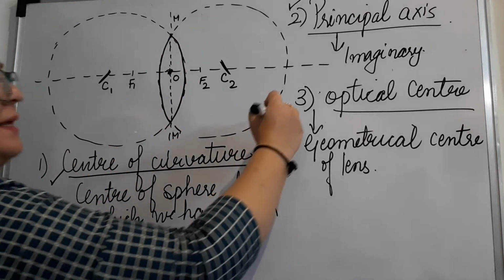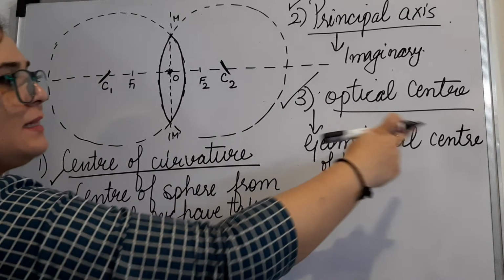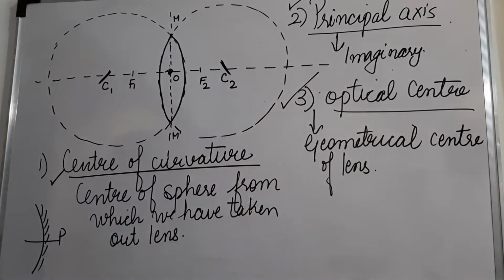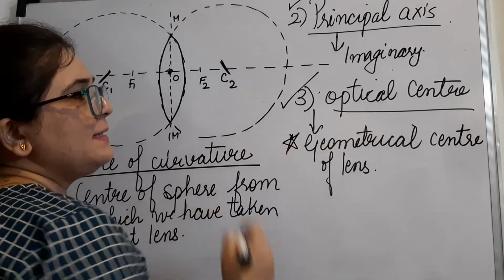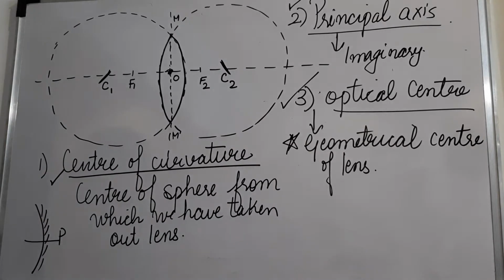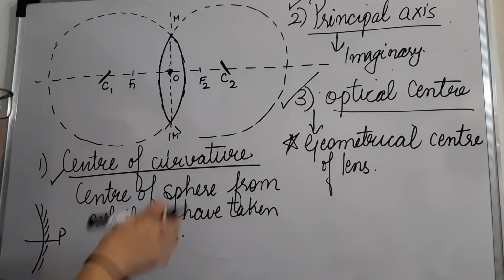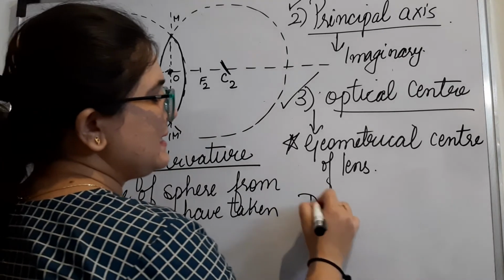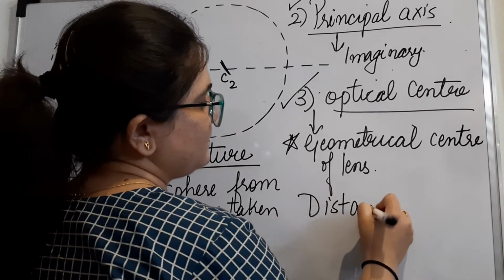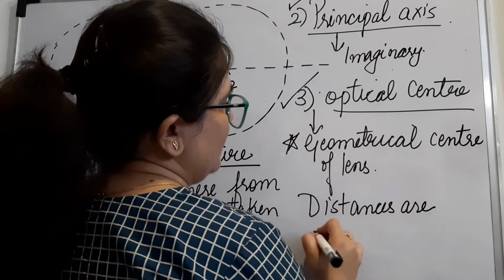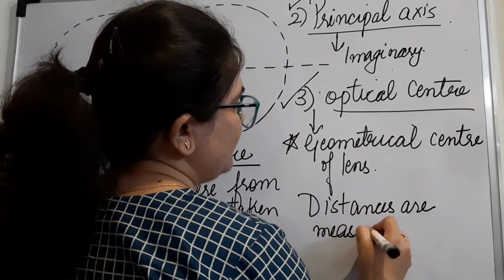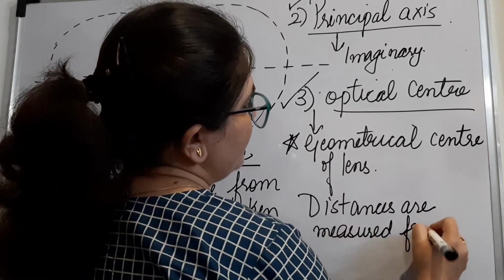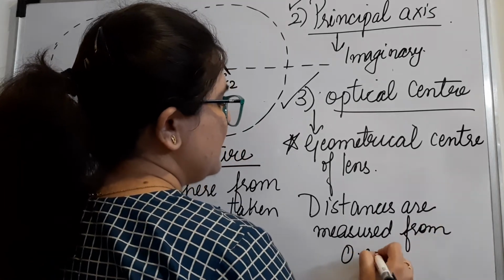Okay. So optical center is what? It is a geometrical center of the lens. Now another important thing about optical center is that all the distances in case of lenses, whether it is a concave lens or a convex lens, are measured from optical center.